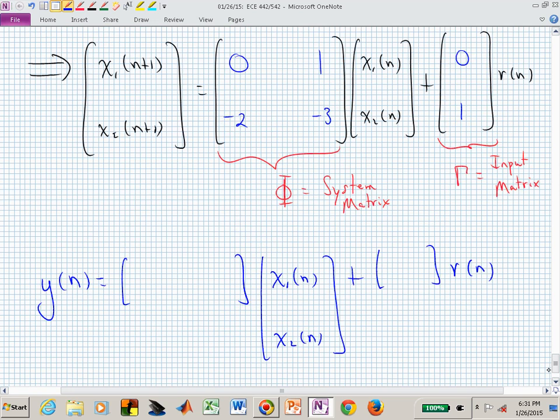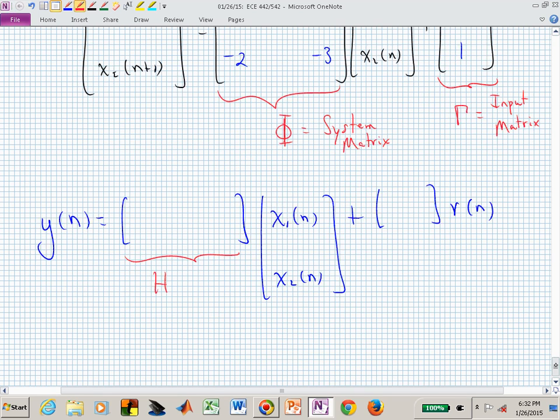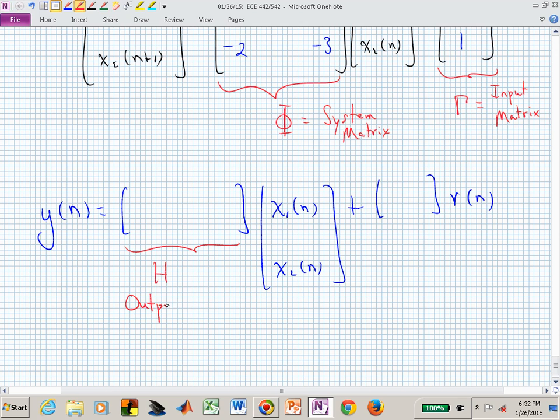I have one output, so all of these matrices are one row tall, and I'm going to get off the Greek kick and just label this as H, the output matrix, and the direct feed-through matrix is a capital J. What are the dimensions of that output matrix?